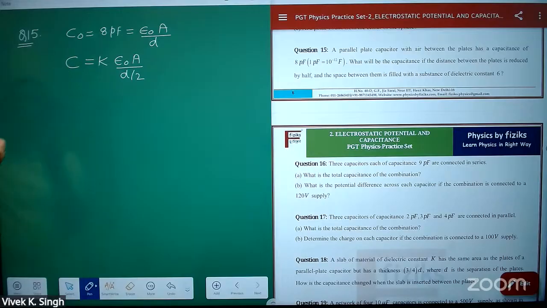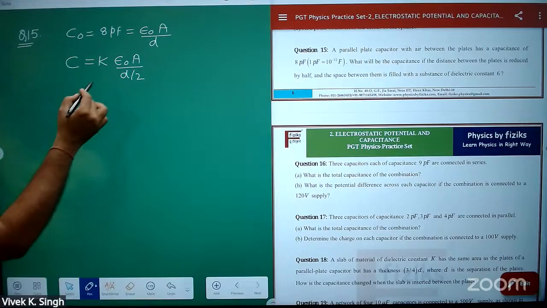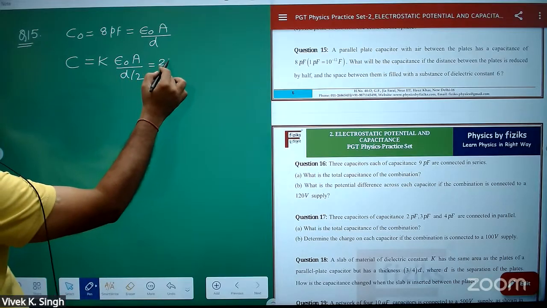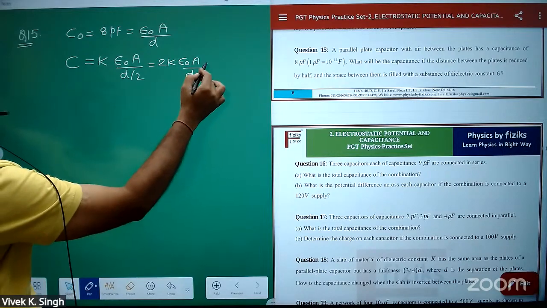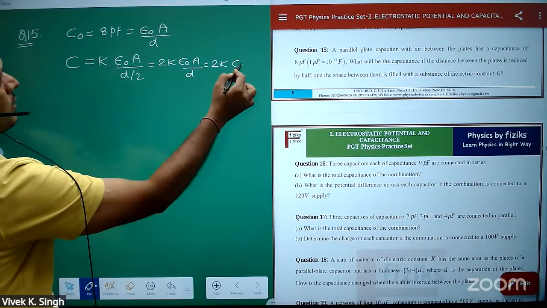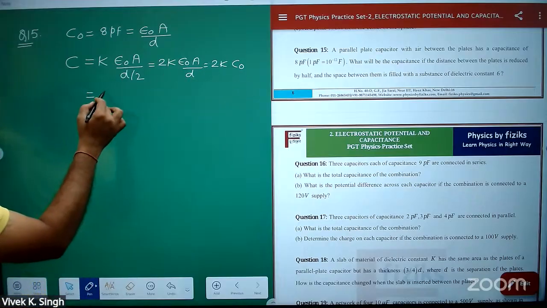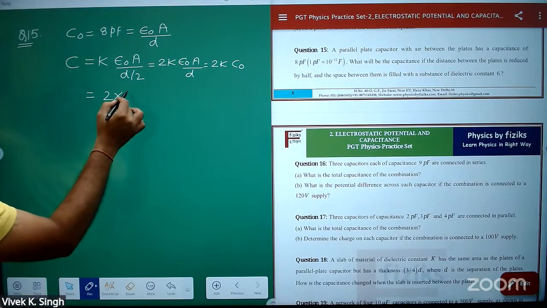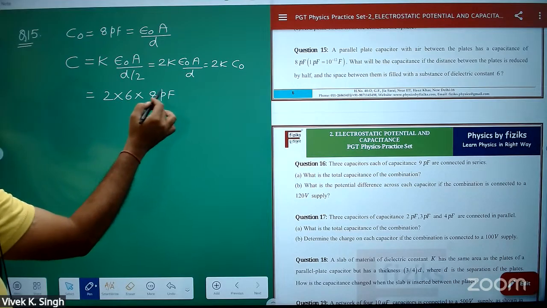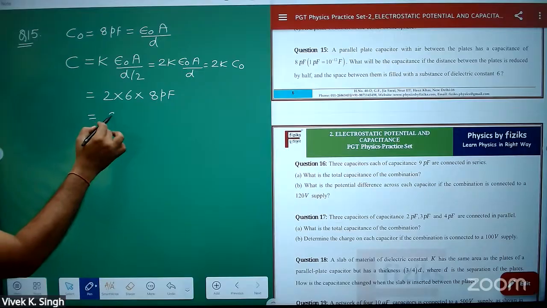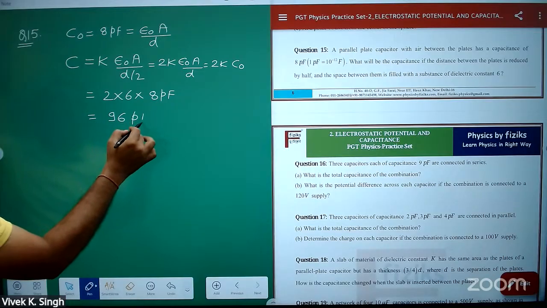K value is 6. So you will get twice K epsilon naught A by d, that is twice K C naught. So 2 into 6, C naught is 8 picofarad. So this will be 96 picofarad.